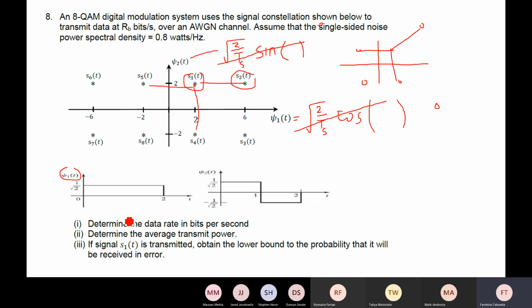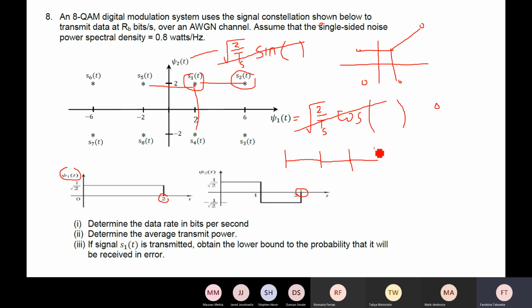If we look at psi1 and psi2, they go as far as 2, which means ideally, if you're going to have the maximum data rate, then you need one waveform to be transmitted over 2 seconds, and then the next waveform to be transmitted over 2 seconds, and then the next waveform over 2 seconds, etc.